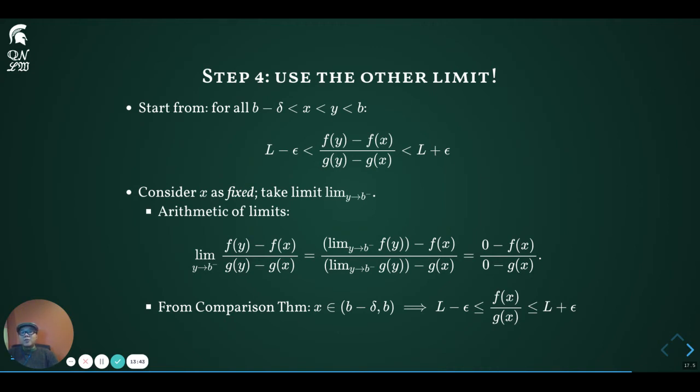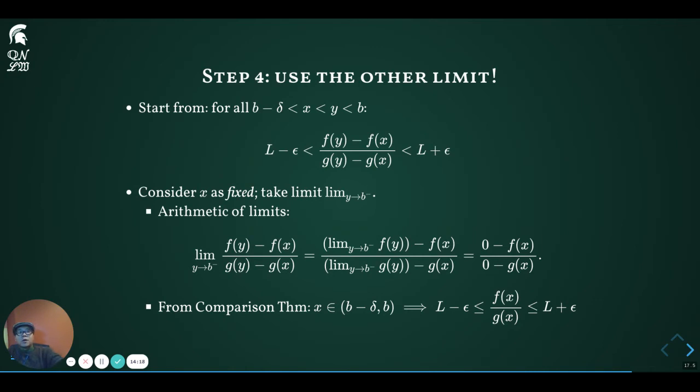If we look at f of y minus f of x, for a fixed x, taking the limit as y approaches b from below, it just converges to minus f of x, since we know that f of x is fixed and independent of y, and f of y converges. Similarly, g of y minus g of x converges to minus g of x as we take the limit as y approaches b from below.